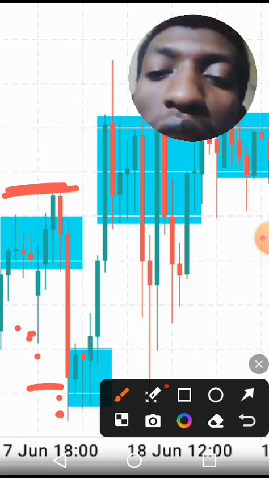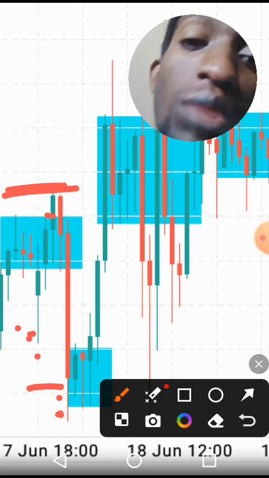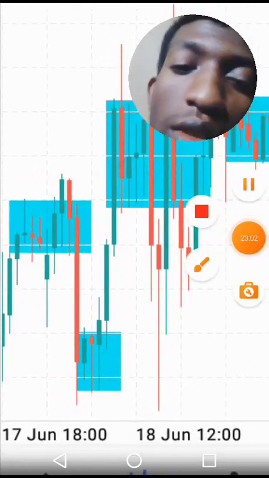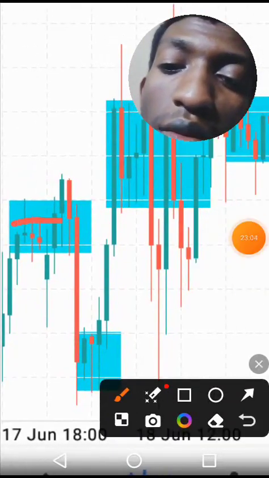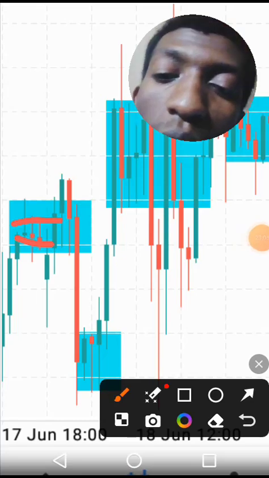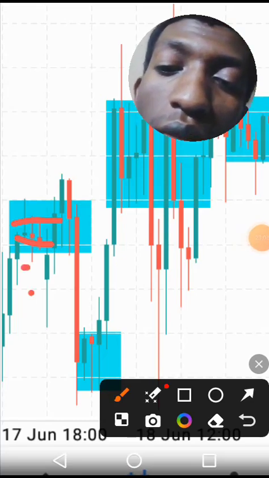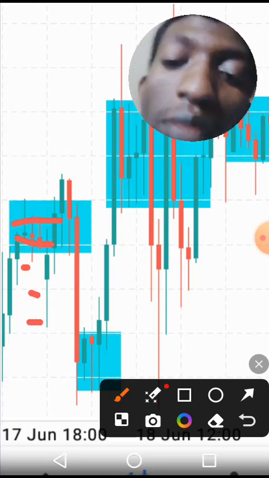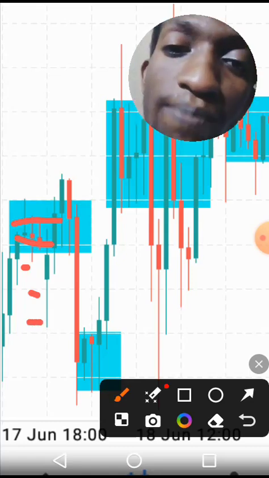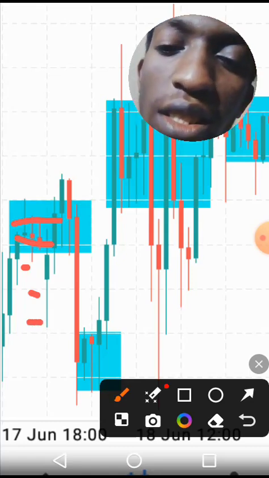The reason that I didn't enter sell up here is because, as you can see, TP3 for this black box is found here. Most likely TP3 is also hit if that is the case.